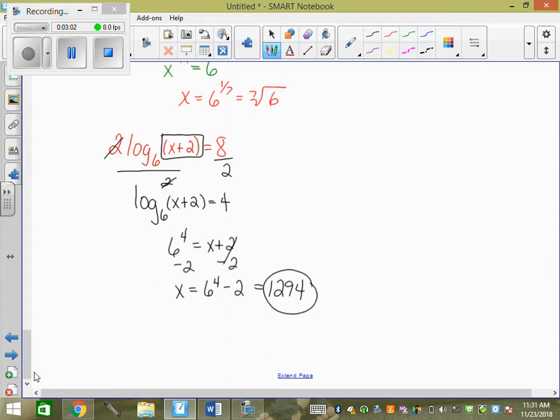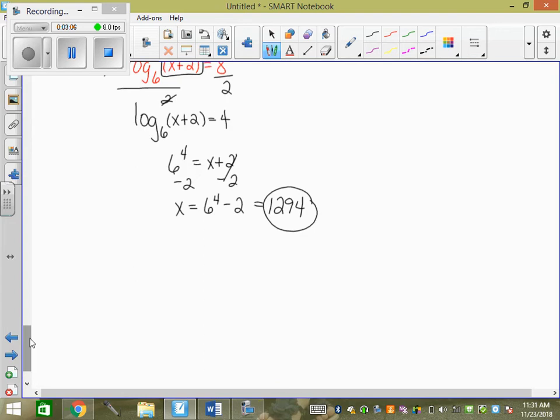Okay, so let's look at cases where all we've done so far is there's been one log. What happens though if we have more than one log? So this is example 1. Solve log base 9 of x plus log base 9 of 3 equals 1.